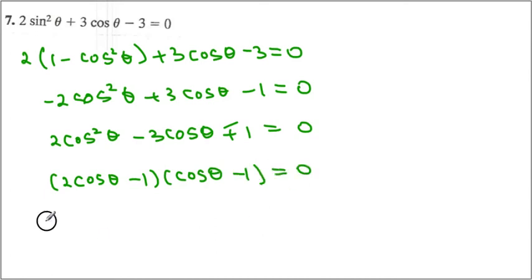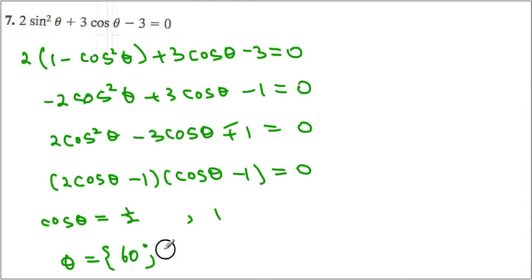And here we have cosine theta has to be equal to 1/2, while here cosine theta has to be equal to 1. Then this tells us that angle theta has to be equal to, that's right, 60 degrees or 300 degrees. Now when do you have cosine to be equal to 1? That's right, when we have 0 degrees.